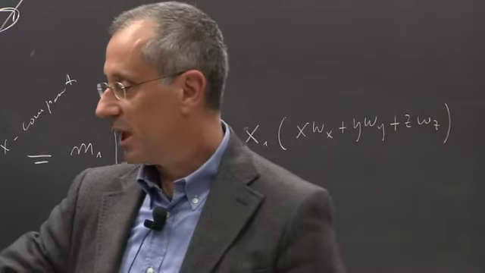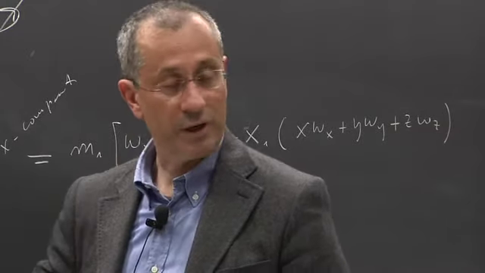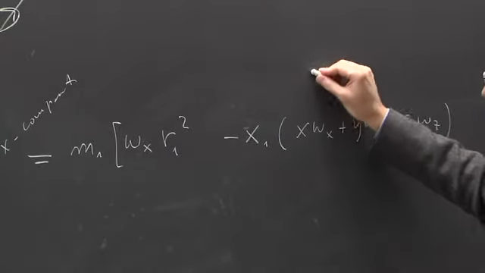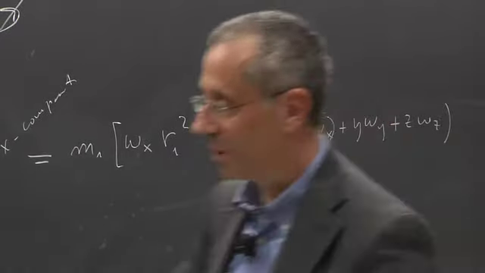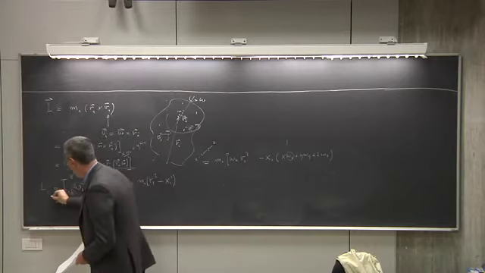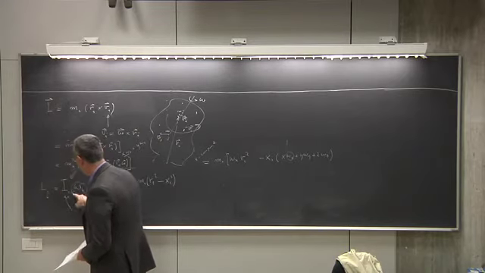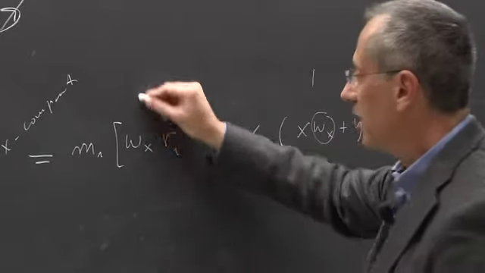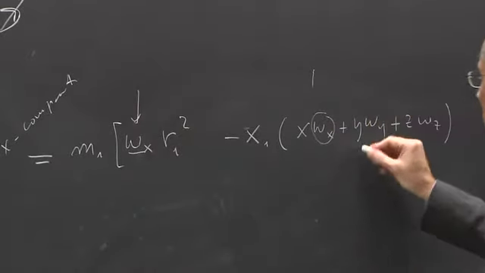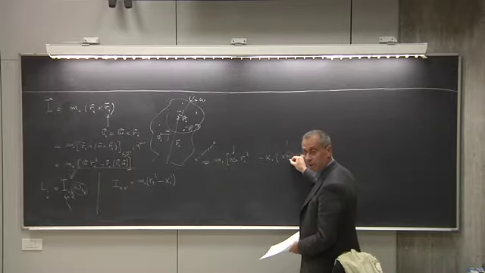But I want to take the x component of this object. So I'm just looking for the part that is proportional to omega x, right? Because I fix x, and so I take the x component of the vector, but I also fix this sum, so I must take the term that is proportional to omega x everywhere. So here this was okay, and this I don't want, I only want this.